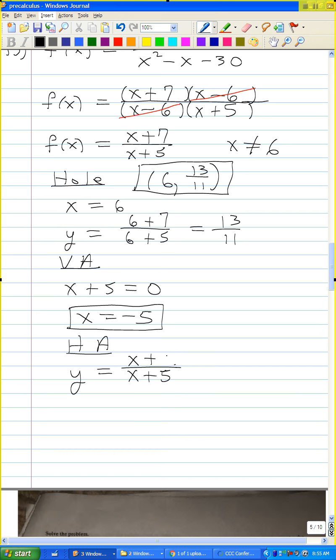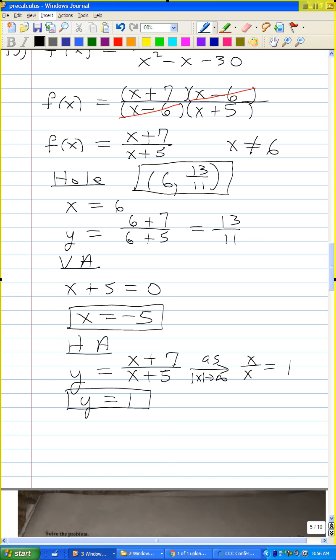And so as x goes to infinity, again, this is just a ratio of 1 over 1, so it'll be 1. But as x goes to infinity, x plus 7 is very close to x, and x plus 5 is very close to x, which is 1. And so the horizontal asymptote is y equal 1.